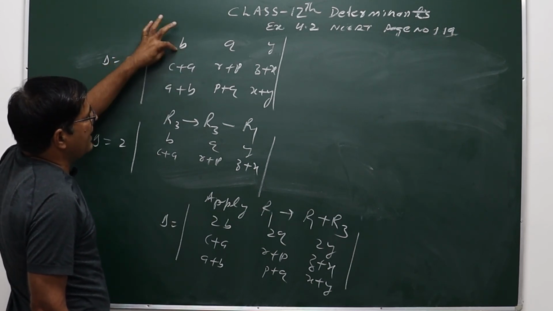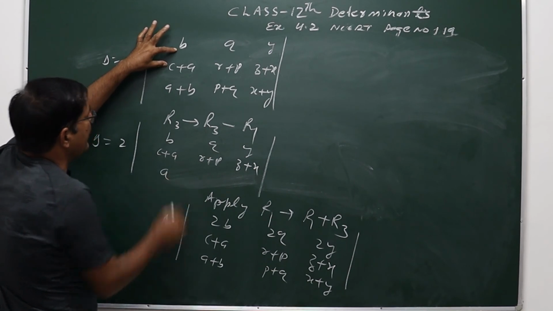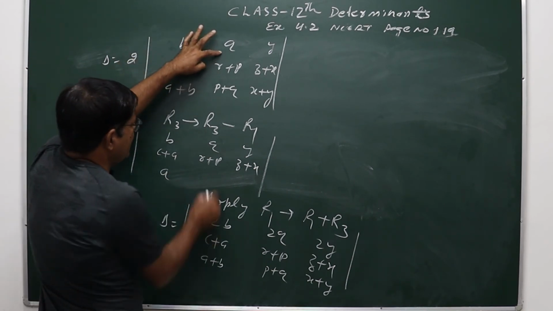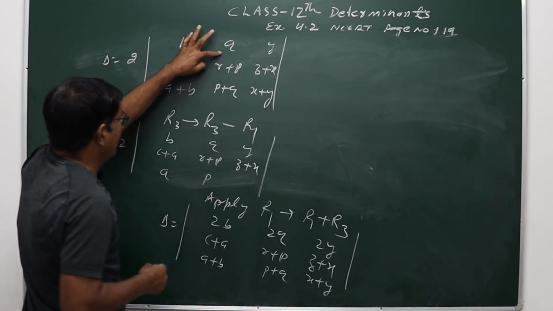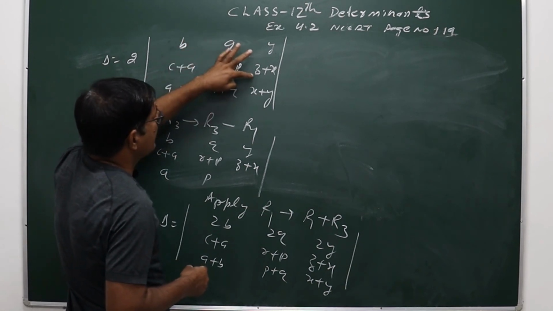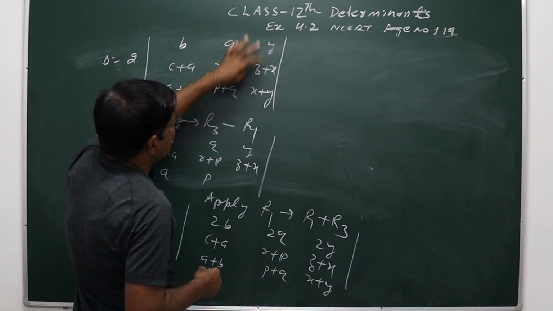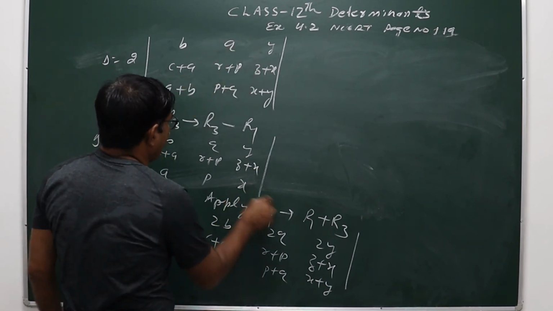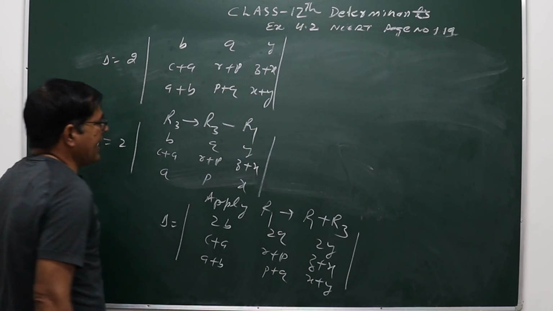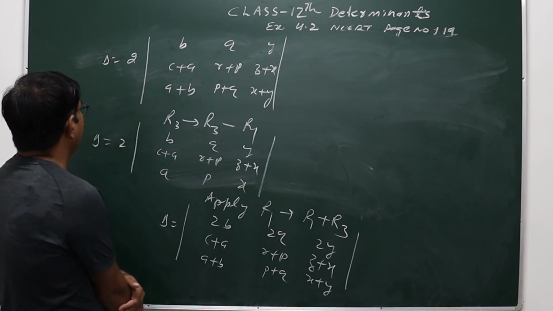So A plus B minus B will be equal to A. P plus Q minus Q will be equal to P. And X plus Y minus Y will be equal to X. So this is A, P, X.